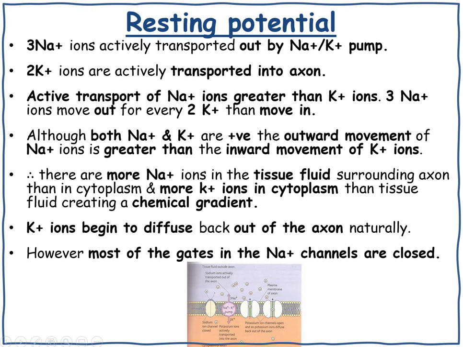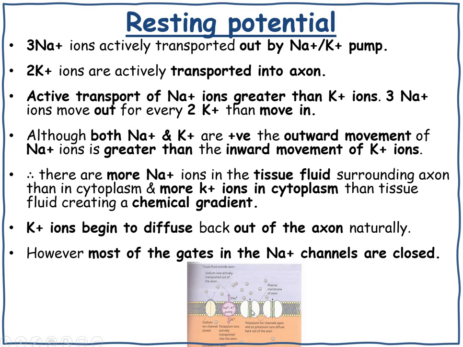And although they're both positively charged, the outward movement of sodium ions is greater than the inward movement of potassium ions. So there are more sodium ions in the tissue fluid surrounding the axon than in the cytoplasm, and more K+ ions in the cytoplasm than the tissue fluid, which creates a chemical gradient.